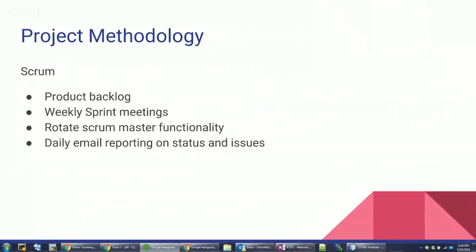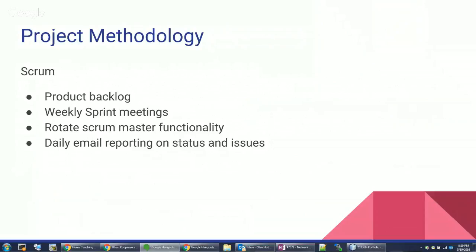So our project methodology that we've chosen is Scrum. The reason for this is for the ability for us to create a product backlog. This works well with multiple people because they can come into the product backlog, pick up an item, or we can review the items together weekly to decide which ones need to be built next as part of our weekly sprint meetings, and have the group work together to get that functionality created.